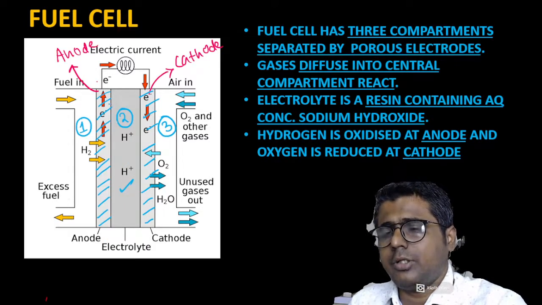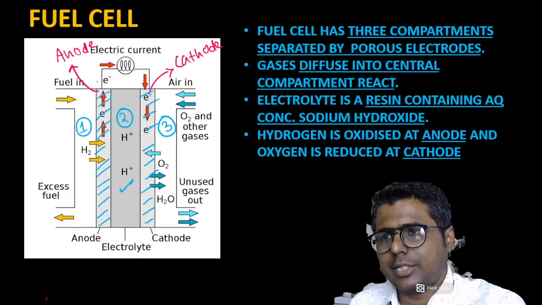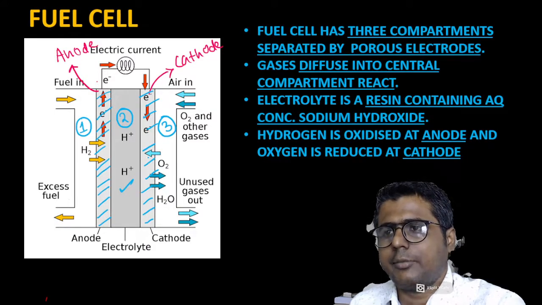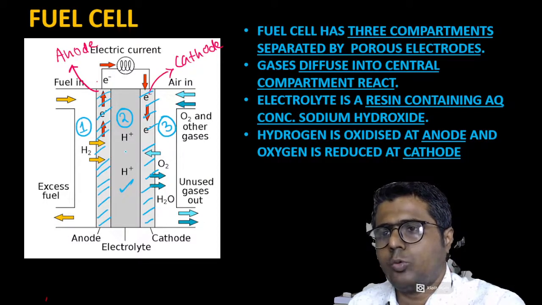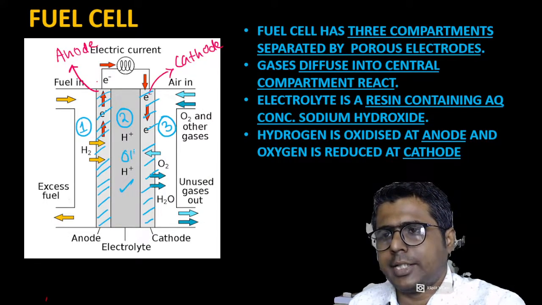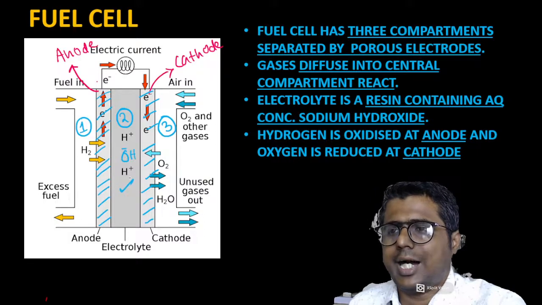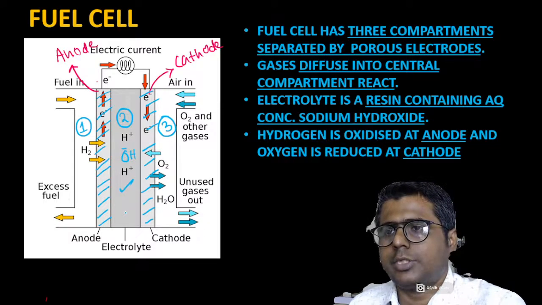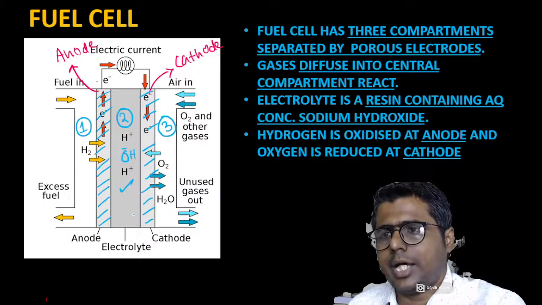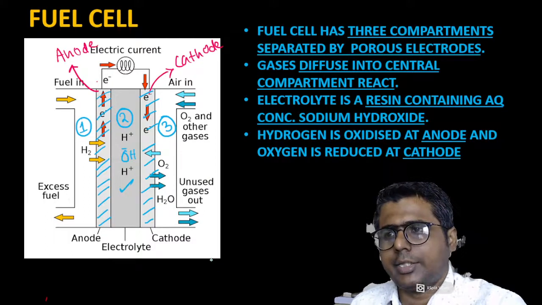The electron lost by hydrogen is carried over through this wire and enters the other electrode, where oxygen accepts the electron and becomes OH minus, in presence of water. We are going to study that reaction. OH minus enters over here. Ultimately, H plus and OH minus combine together and water gets formed, and that water is taken out.